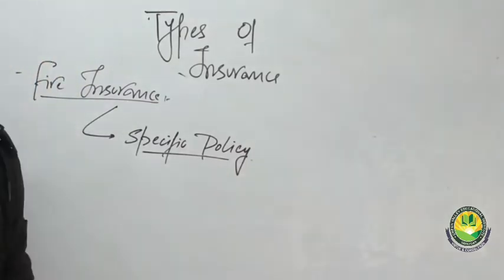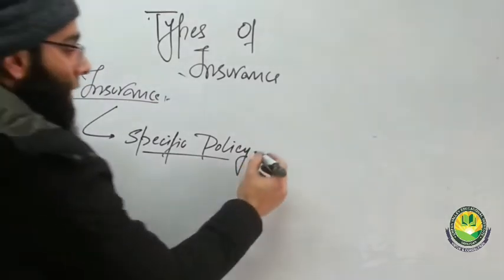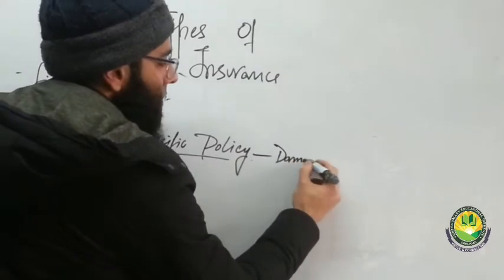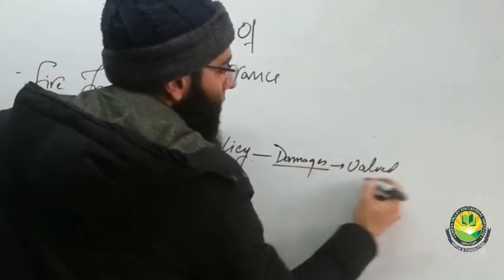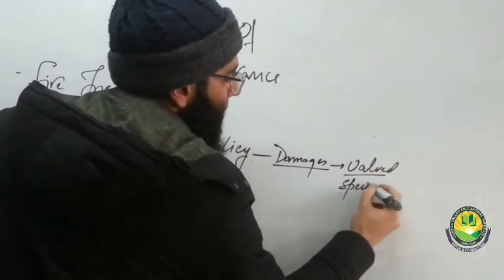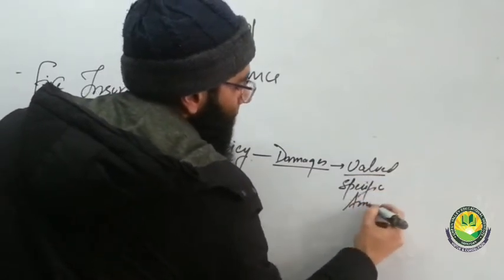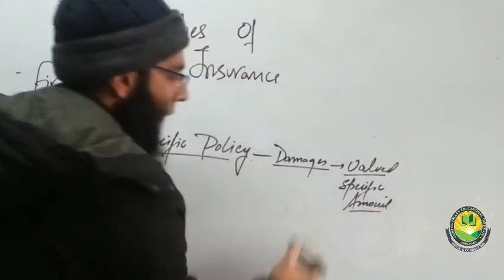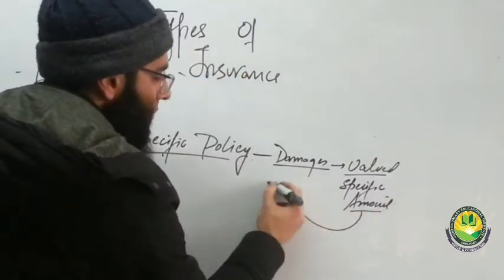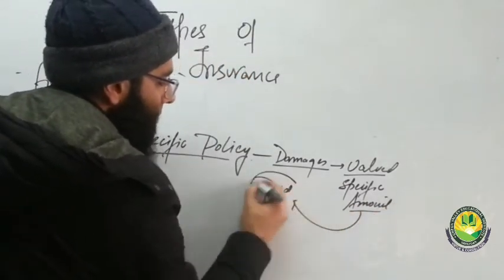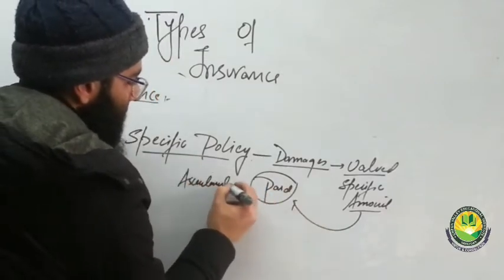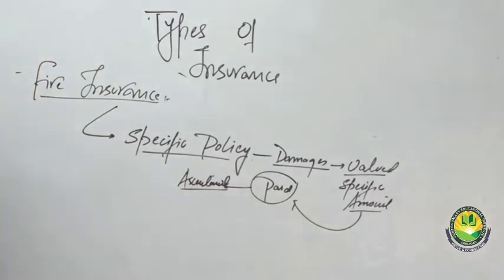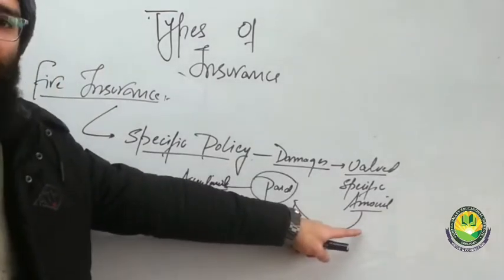Specific policy is a policy wherein the damages are valued up to a specific amount, and this specific amount can be paid and it can be ascertained. What do we mean by damages can be valued to a specific amount?